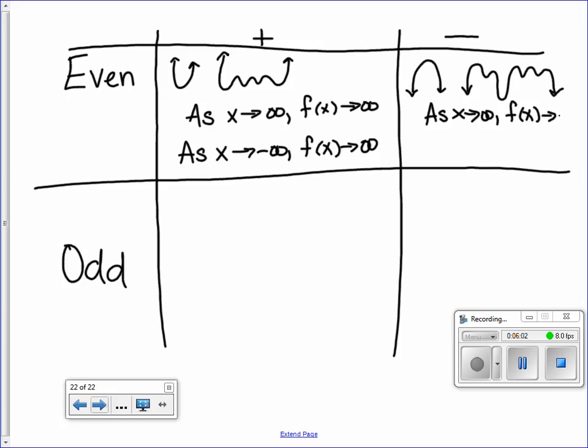It goes to negative infinity because it's going down. x goes to the left. What happens to f of x? Is that positive infinity this way? It's still going to negative infinity.